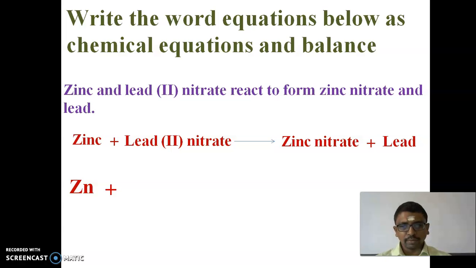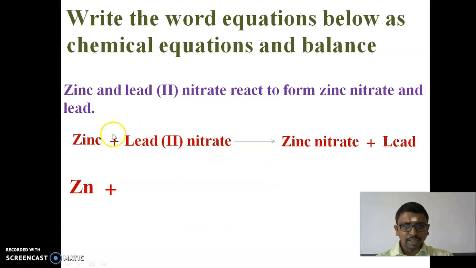Pb2+ means plumbous and Pb3+ means plumbic. So here we can call it lead 2 nitrate or plumbous nitrate.